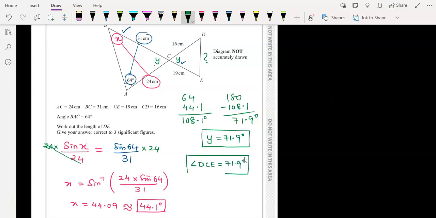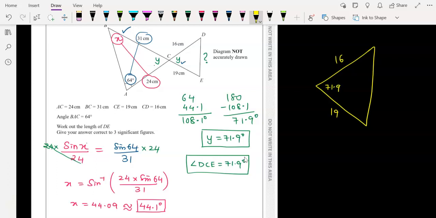Now I'll draw triangle DCE separately here. This side is 16, this side is 19, and the angle in between is 71.9. We need to find the side which is opposite to the angle. Let's mark it as side A. Since it is SAS, two sides and the included angle are given, we can use the cosine rule to find the side opposite to the angle.